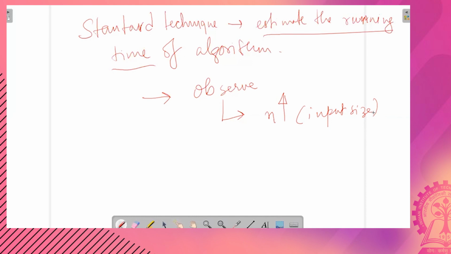So with the increase in n, there will be an increase in the running time.